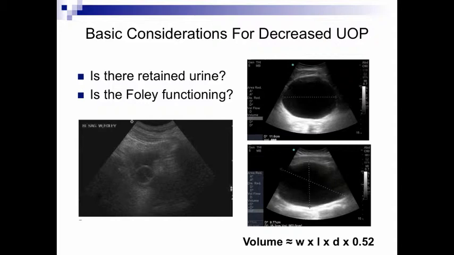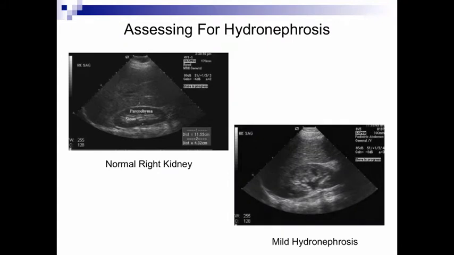Looking more proximally at the urinary tree, we often can assess for hydronephrosis very quickly at the bedside. You would assess for hydronephrosis using an imaging approach pretty similar to the FAST exam approach, which is used to assess the hepatorenal and splenorenal spaces.